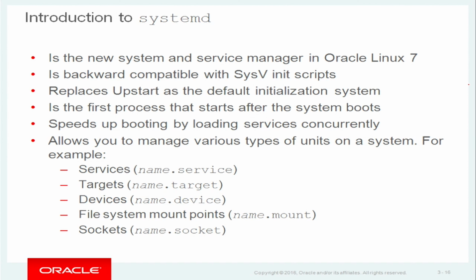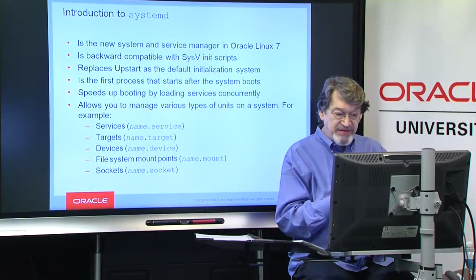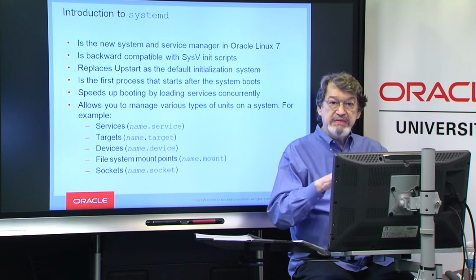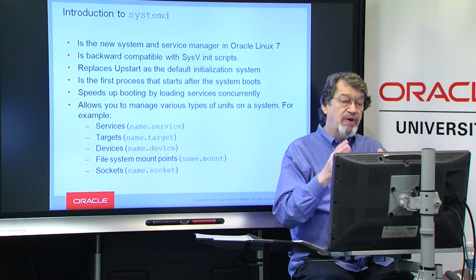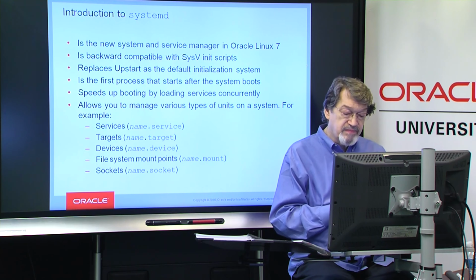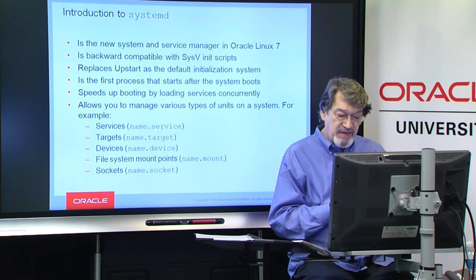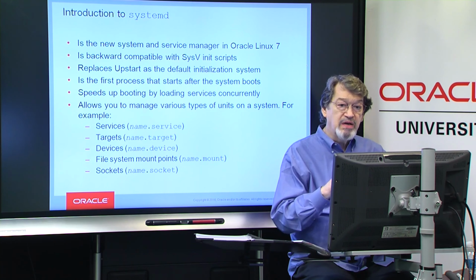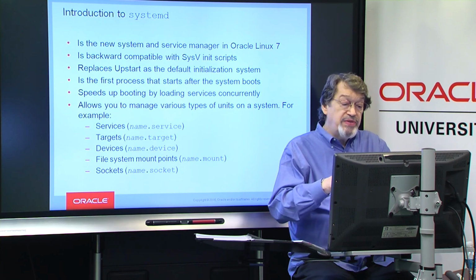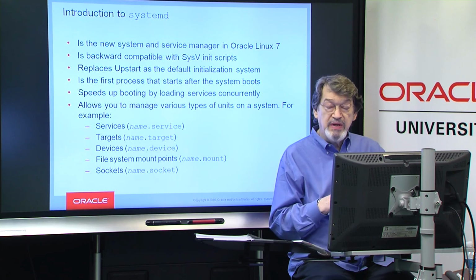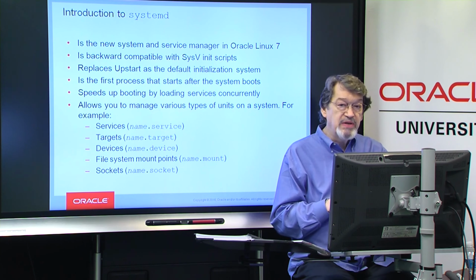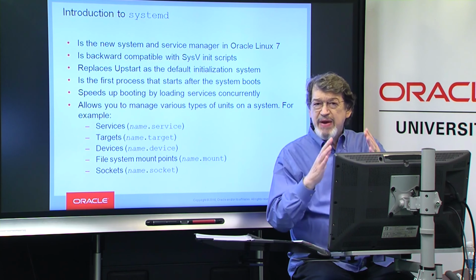Now, in 6, Mark Shuttleworth and the folks at Canonical had come out with Upstart. And so both Red Hat and Oracle were using Canonical's Upstart as the default initialization for the init process as it booted. However, several years ago, Mark looked at both the work Canonical was doing and the work Red Hat was doing, and he said, time out.